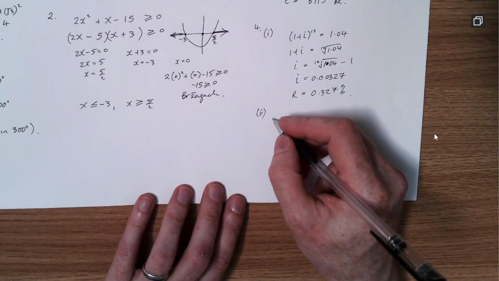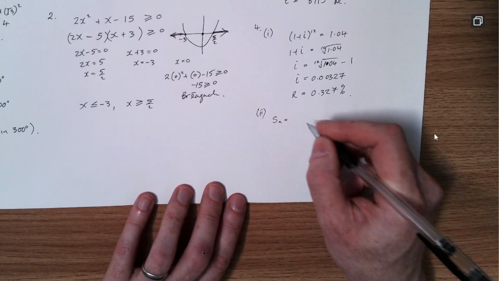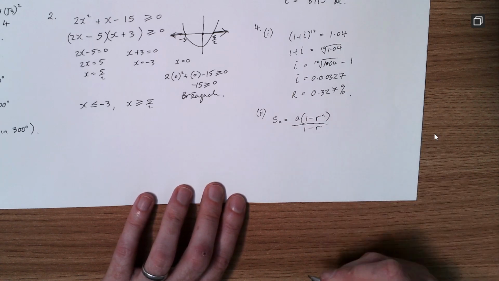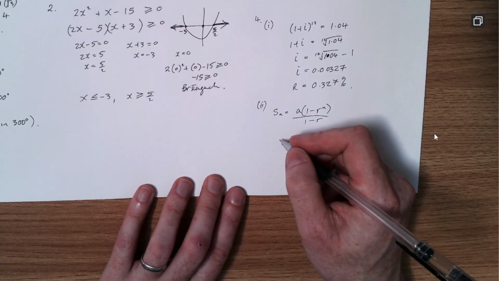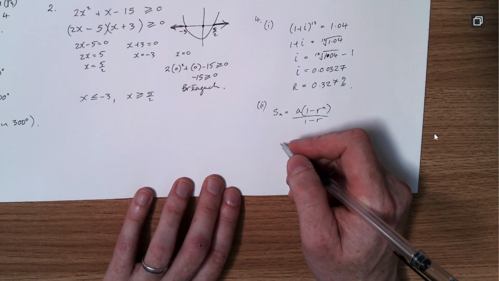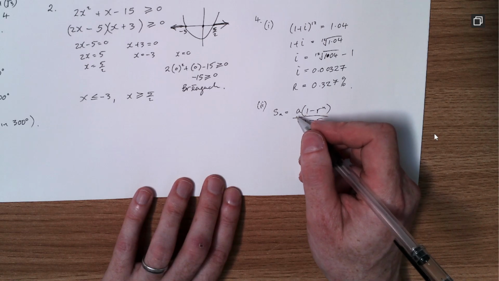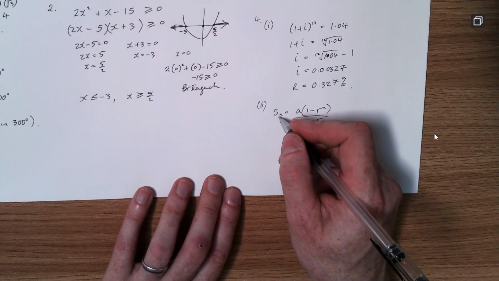So the sum Sn equals a times 1 minus r to the power of n over 1 minus r. So A is what we need to find, the monthly amount, right? So Sn was 15,000.